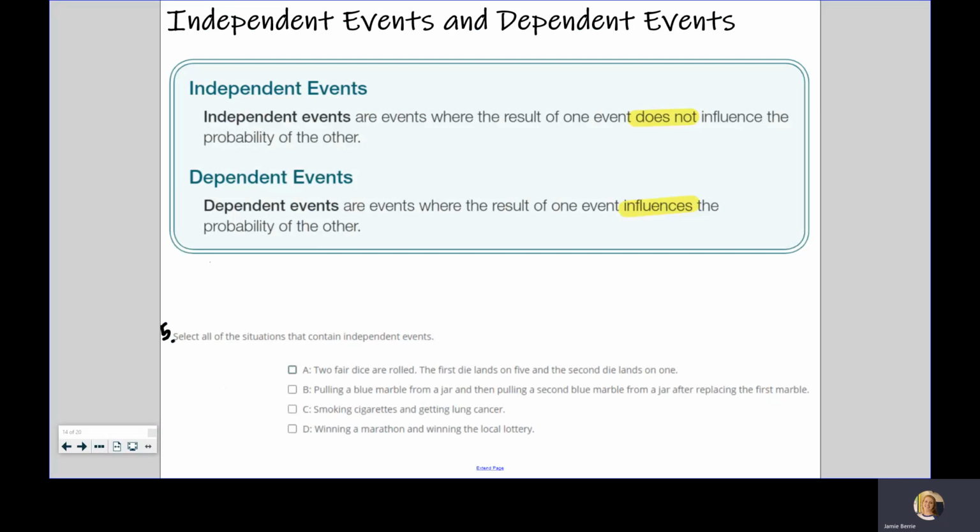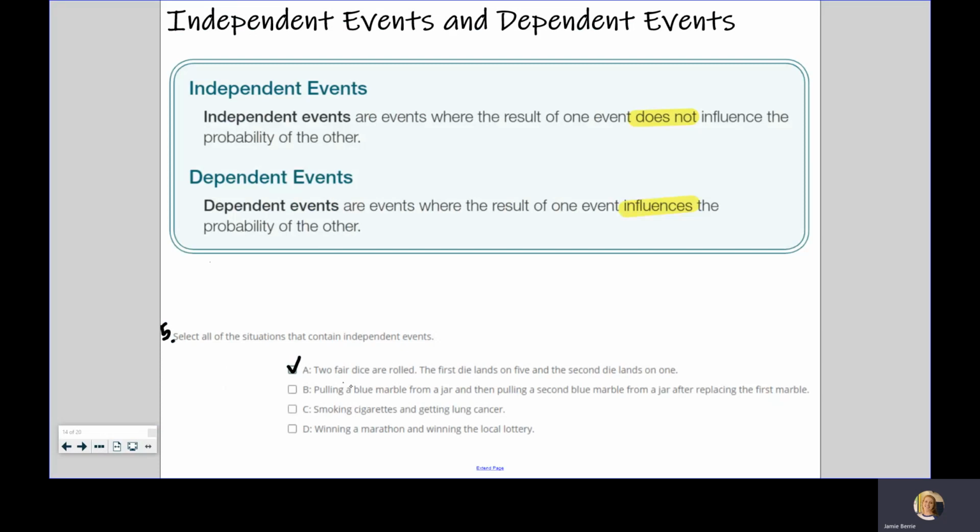That's going to be events where the result of one event does not influence the probability of the other. It says 2 fair dice are rolled. The first die lands on 5, and the second die lands on 1. Is the second die going to depend on what your first die landed on? No, right? Whatever your second die lands on does not depend on what the first die was. So those are independent events.